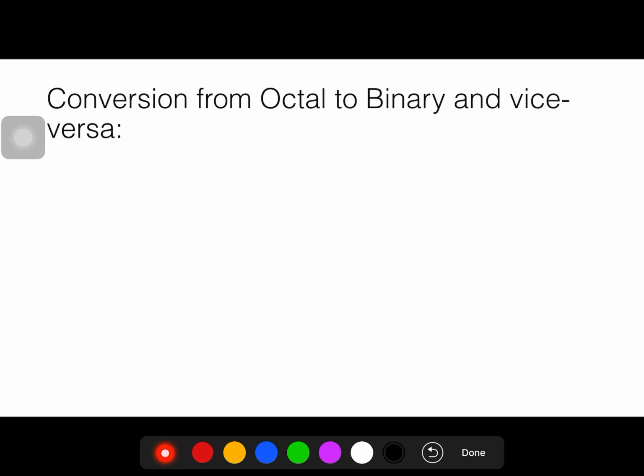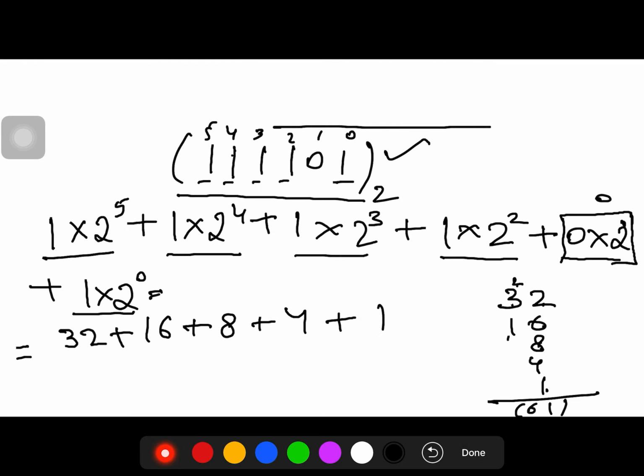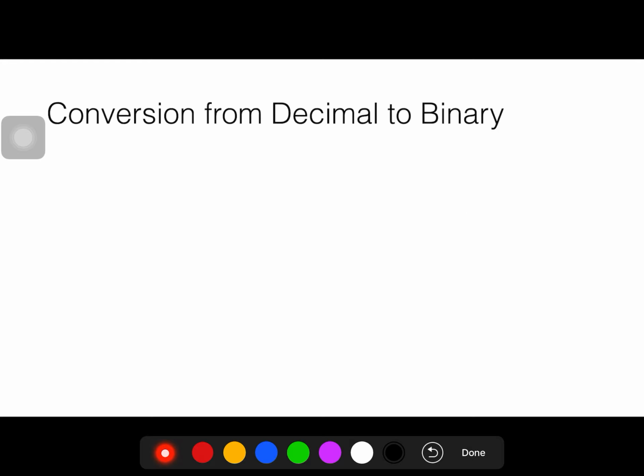Now, octal to binary, hexadecimal, binary to decimal, decimal to binary. I have skipped some slides. Conversion from decimal to binary.